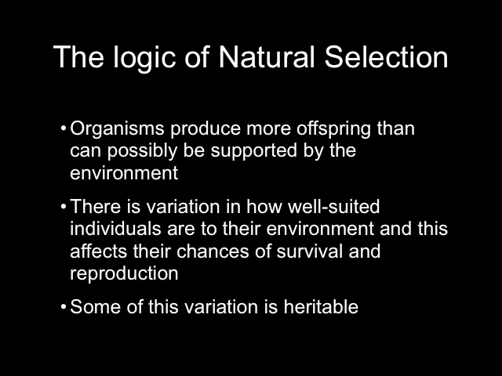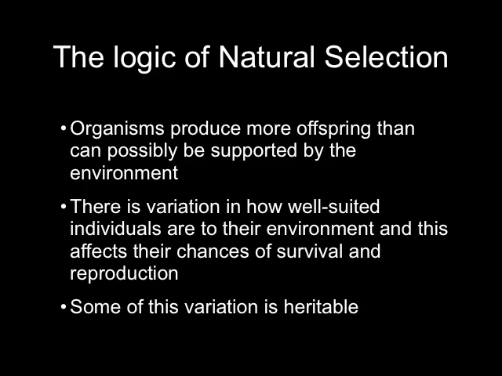By heritable, I mean that it can be passed down from parent to offspring. Usually when we talk about this, it's through genetic means. But there are some formulations of natural selection about how ideas propagate, where even social behaviors, things that are entirely learned and have very little genetic component, can also be subject to natural selection if this variation is heritable.